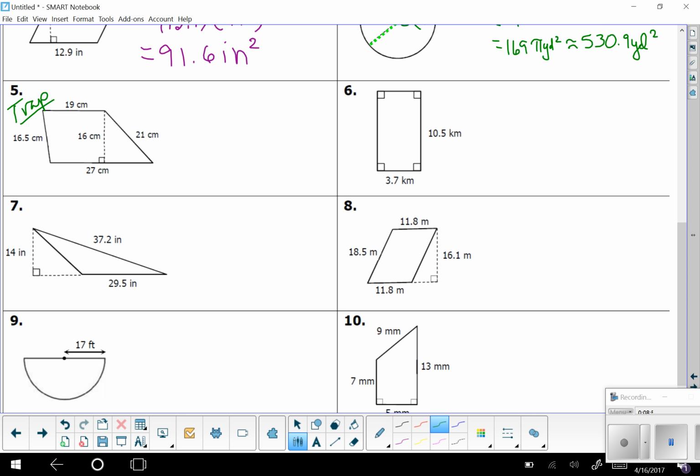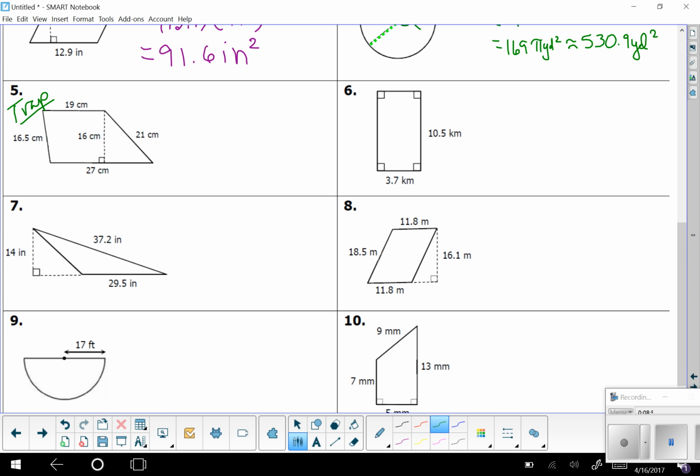So the area of the trapezoid is going to be the height times, wow, that's a really bad B, sorry guys, base 1 plus base 2 over 2.